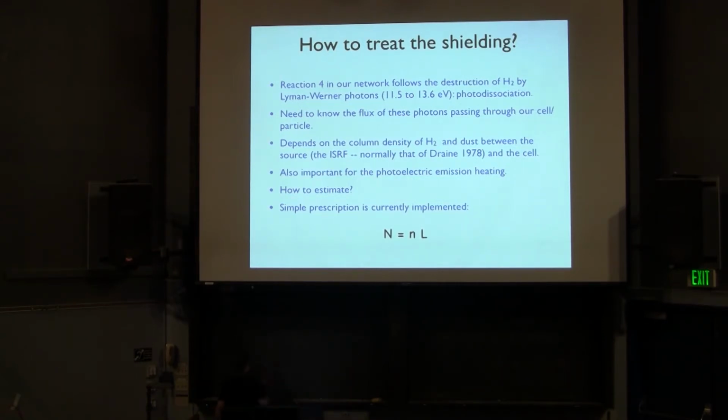Or if you're looking for the total column of the cloud, for the photoelectric emission or for the CO shielding, then it's just going to depend on the general number density of the cloud. Or if you're looking for the column of dust, then you'd have to multiply that by the gas to dust fraction again, as you were saying before, and then multiply it by that length scale. So in practice, how you choose that length scale is going to make a huge difference to what you get out. And that's been a very, very complicated problem so far.